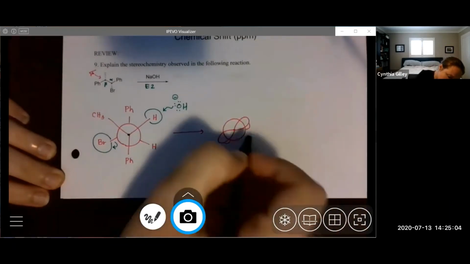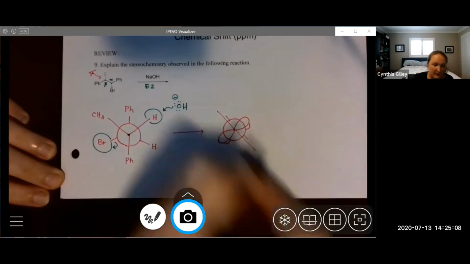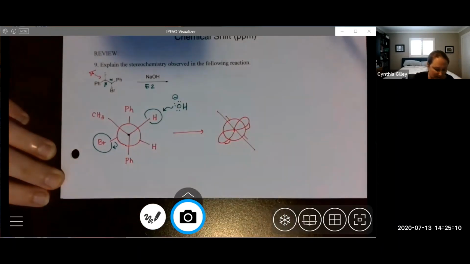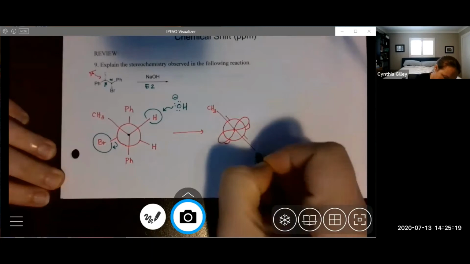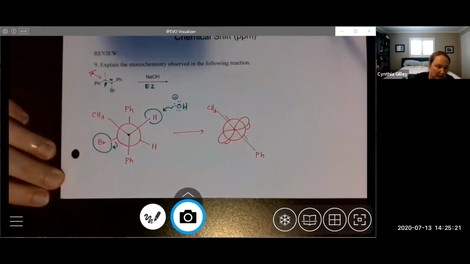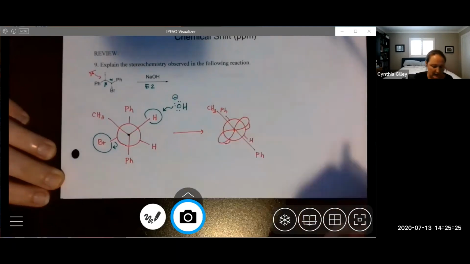And then these groups sort of flatten out, right, because the carbon becomes sp2 in terms of planar. You can just draw the groups that are already here in the front, methyl, phenyl, back is pi bond.